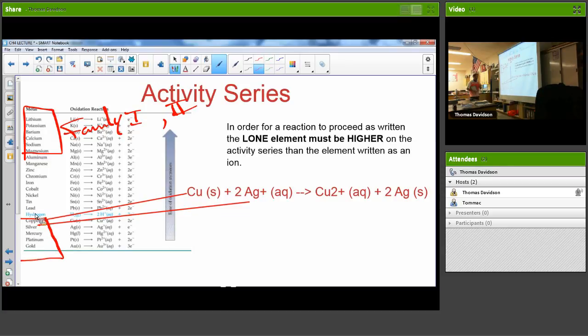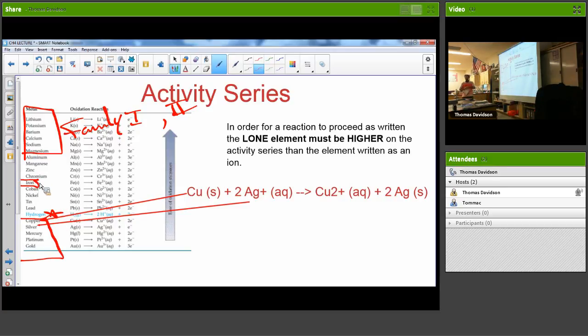Then you should know hydrogen is just barely above. This means that acids will react with everything except for copper, silver, mercury, platinum, and gold. So know that hydrogen is just barely above your precious metals, and then iron is in between them.